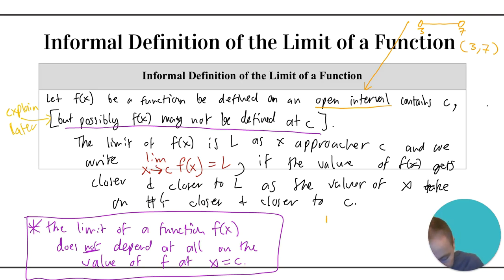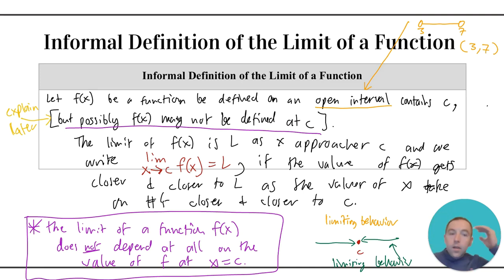So, there's a huge difference between the limiting behavior of a function, and when I say the limiting behavior of a function, if we say that this point right here is c, okay, then as we get closer and closer towards c in terms of x, okay, that is what we refer to as the limiting behavior of the function at c, okay? And that's different than the actual behavior at the limit point itself, okay?